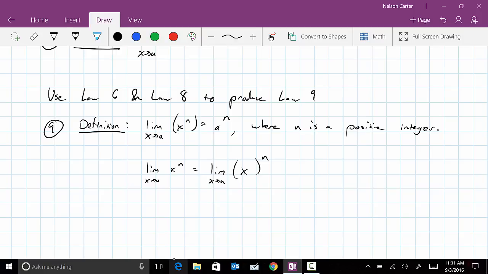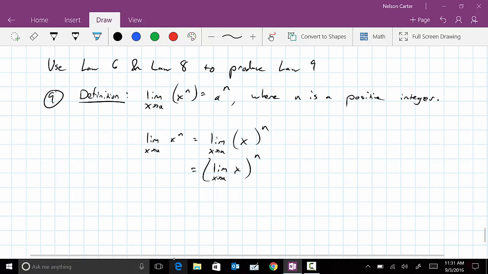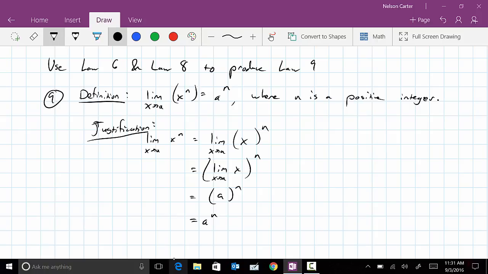So then what we can do is we can use Law 6 and we can bring the limit inside. So then we get the limit as x approaches a of x all raised to a power of n. But then by Law 8, this is equal to a to power n, and so we get a to power n, and there you go. So that's our sort of proof. Let me call it a justification because it wasn't very formal, so sort of an informal proof.